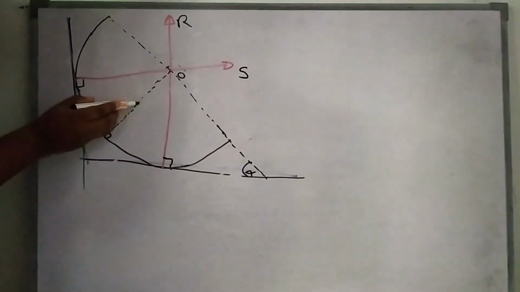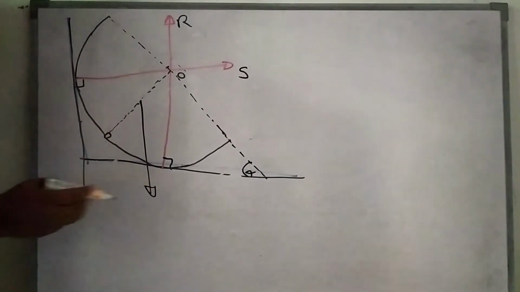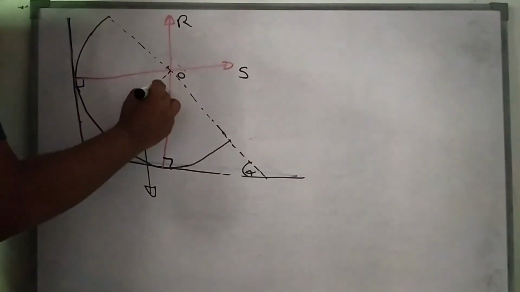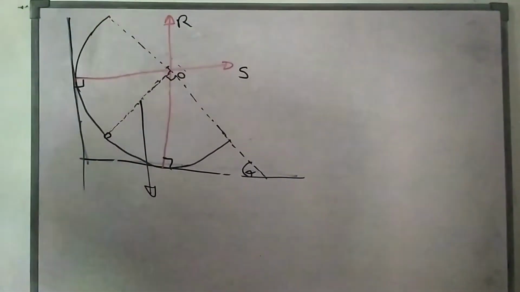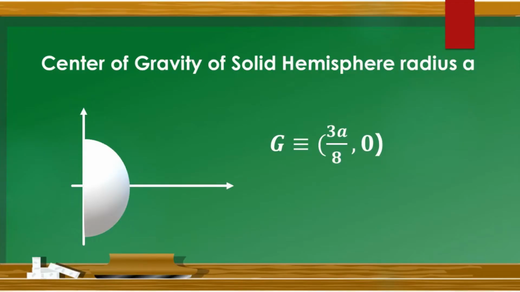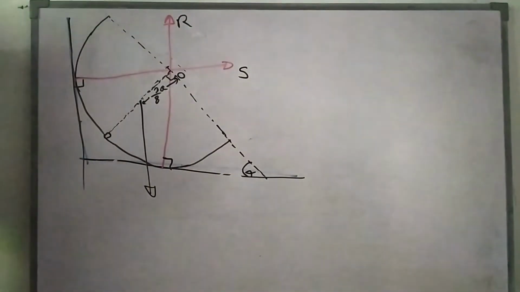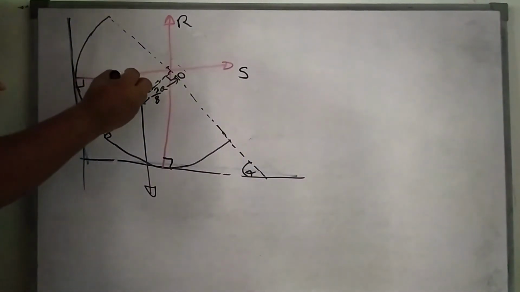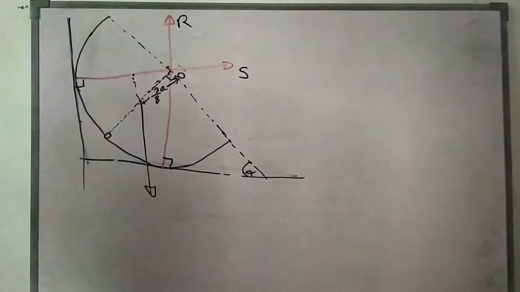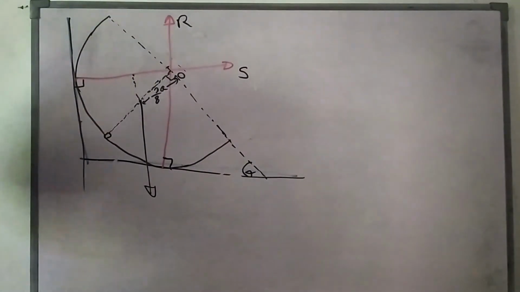Actually, you just need to know where the center of gravity is located. So I assume here. The center of gravity of a solid hemisphere of radius A is located at 3a over 8 from the base. Okay, so we just need to find this angle alpha.